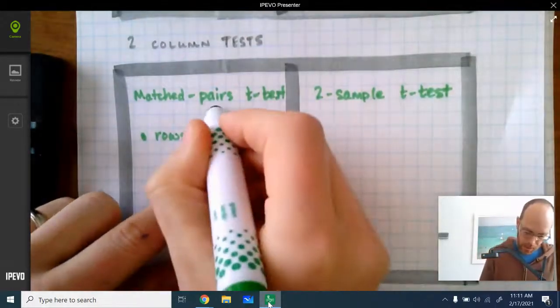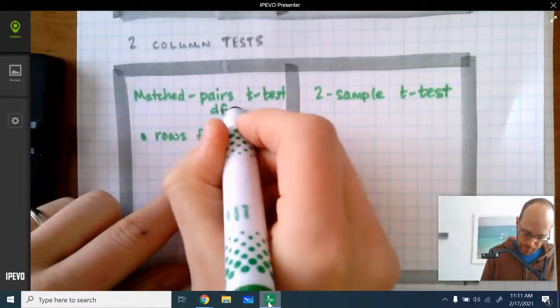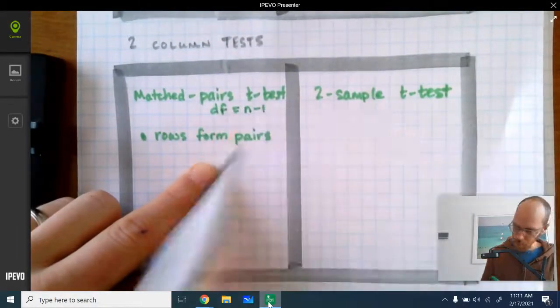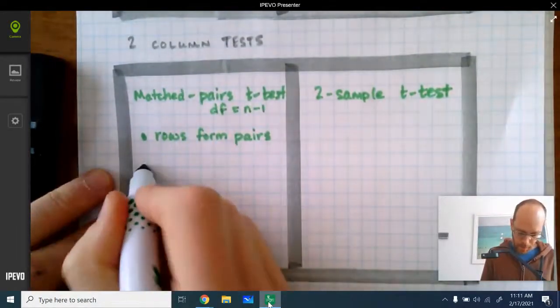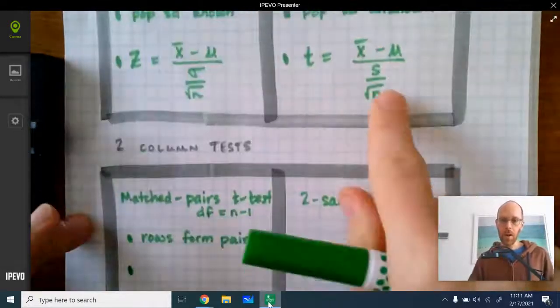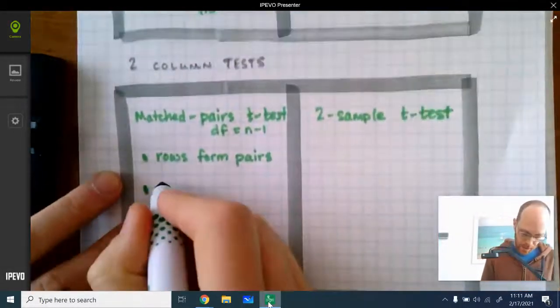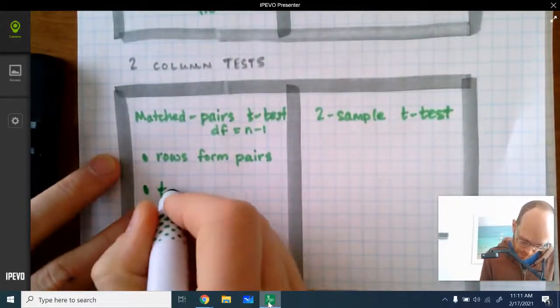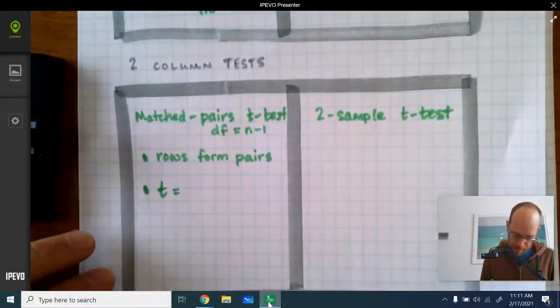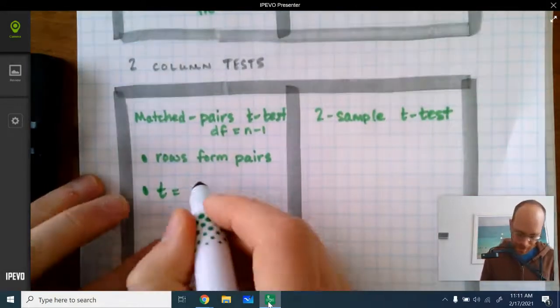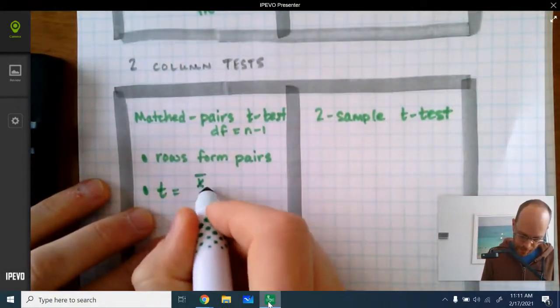If that's the case, your degrees of freedom are going to be equal to n minus 1. And the formula that you're going to use is going to be basically identical to the t-test. The only difference that we need to keep in mind is that you will be calculating the differences of the value.